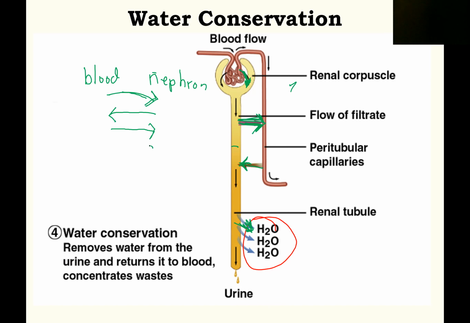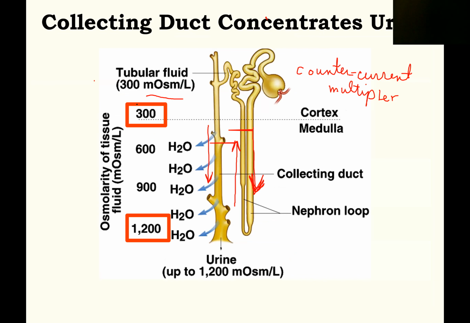Water conservation, you're putting it back into the blood. Okay, so the product at the end that gets dumped into the minor calyx is called urine.